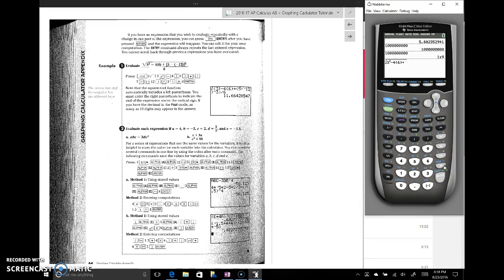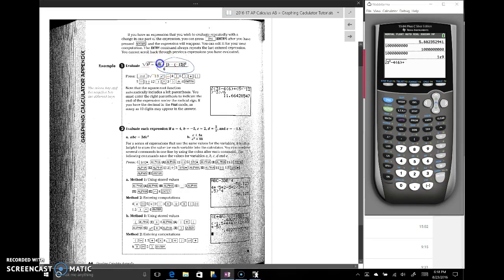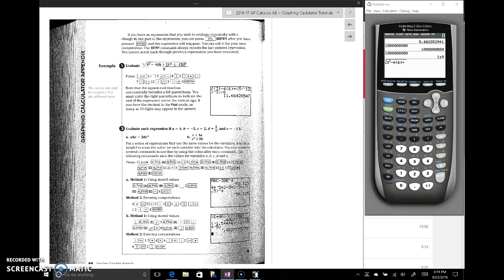Now, the notation in the book here has them alternating square brackets and parentheses, or rounded brackets, and that is the convention that mathematicians use to help things look nicer and be more easily decipherable when looking at expressions that involve a lot of parentheses. Your calculator does not like you using square brackets in that way, so you will just need to do rounded brackets.